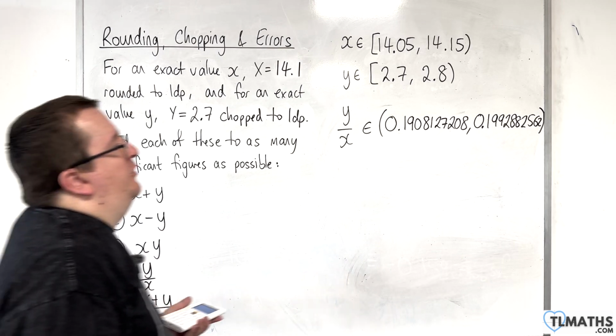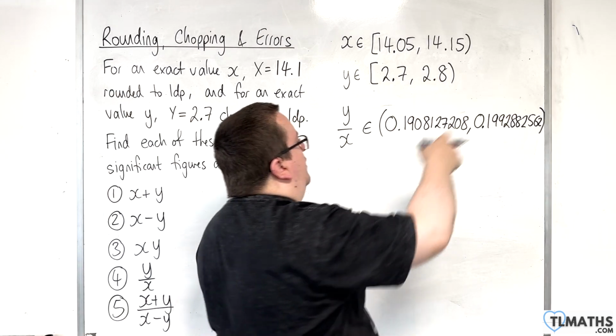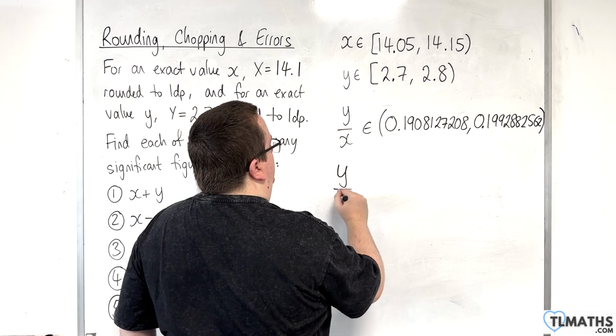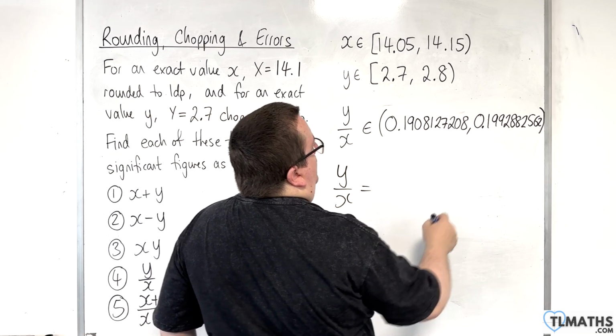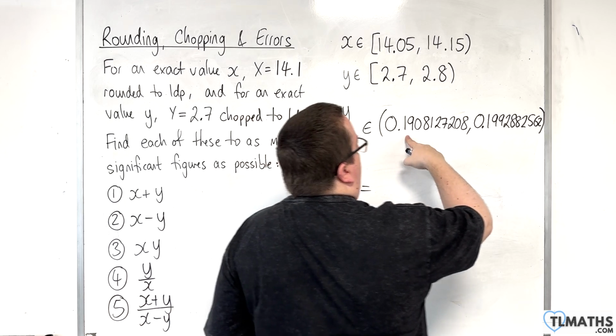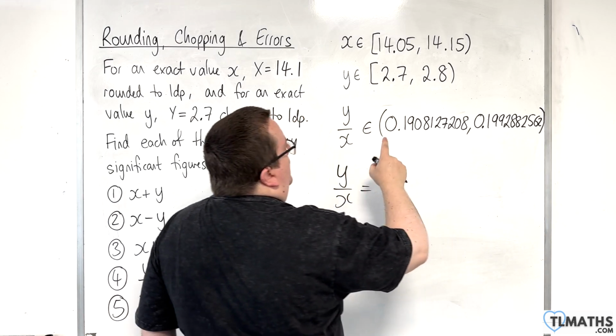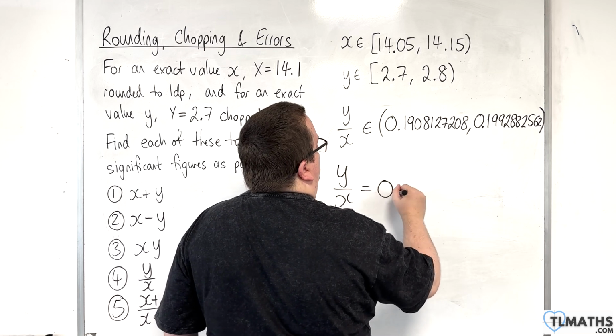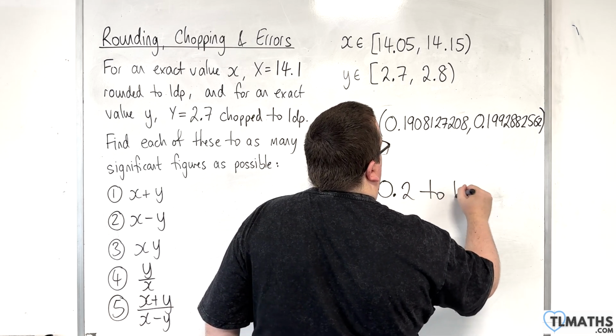Okay, and because we're using 2.8 there, we're using a curved bracket. So, what's the best we can do here? Well, to 2 decimal places, or to 2 significant figures, this would be 0.19 and 0.20. So the best we can actually do is to 1 significant figure, which would be 0.2.